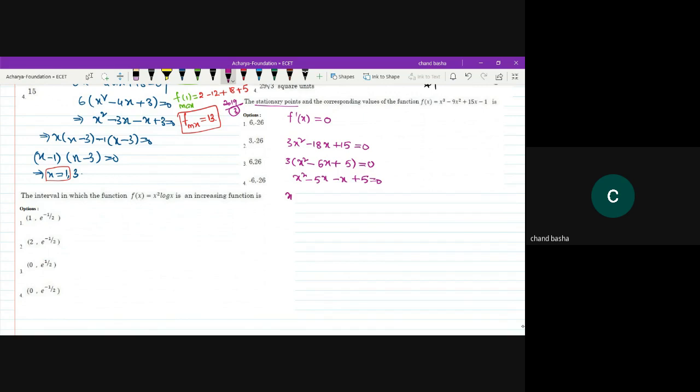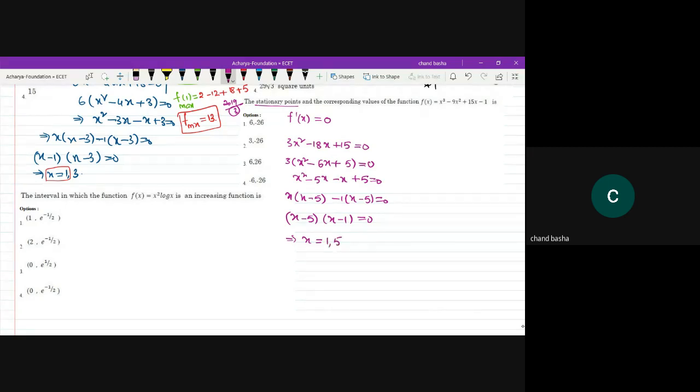Take x as common, x minus 5. Minus 1 as common, x minus 5 is equal to 0. Then the factors are x minus 5 into x minus 1 is equal to 0, which implies that x is equal to 1, 5.